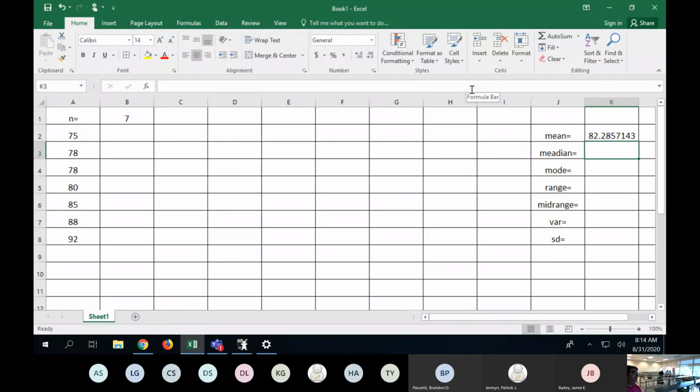Now I'm going to leave the digits to 5 or 6. I would suggest you do the same thing with your calculator. So that way at the end of the problem, you can have a true number to round with. Do not round in statistics. You do not round in the middle of the problem. So somebody going, oh, well, that's just 82.3. Then you're going to get the answer wrong on a test. And it's just going to be a rounding. You leave 82.2857, at least 4 digits. Leave that in your calculator.